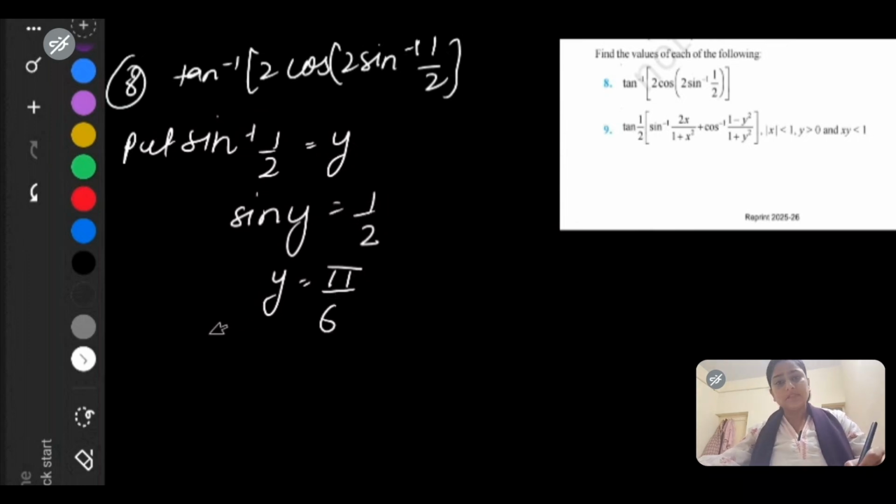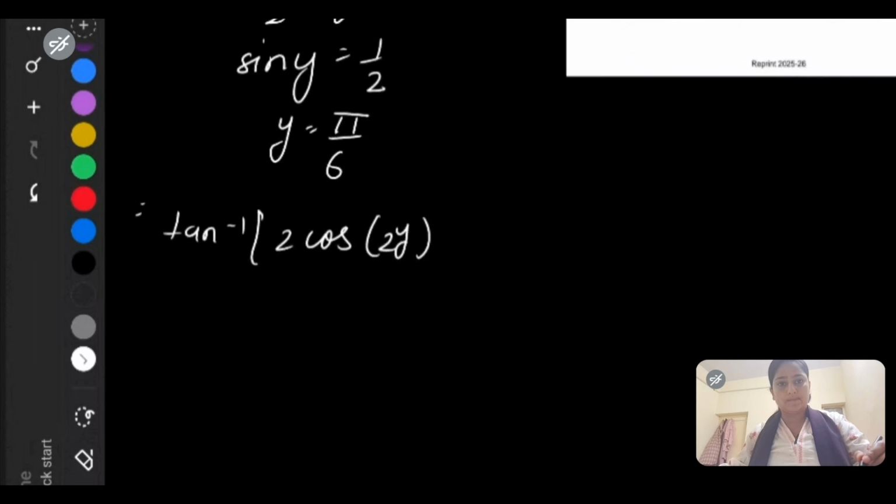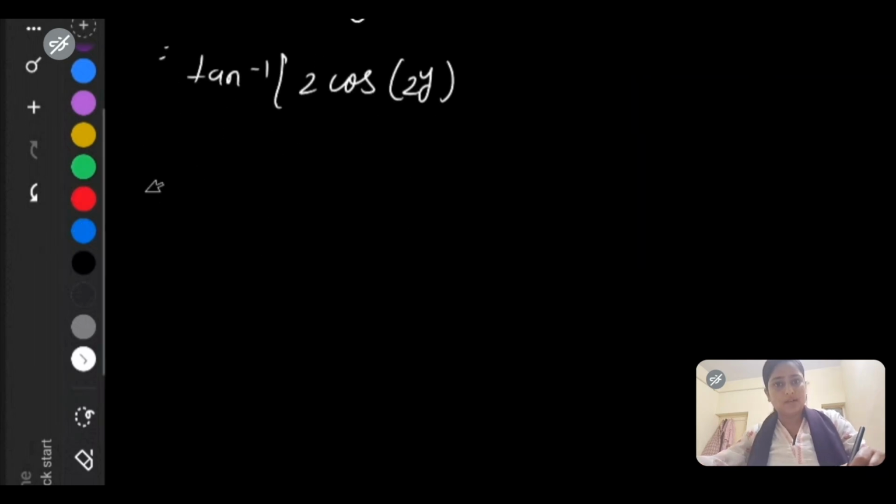Okay. Now we'll put here tan inverse 2 cos 2y, because we put sine inverse 1 by 2 as y. Now to the next step, tan inverse.